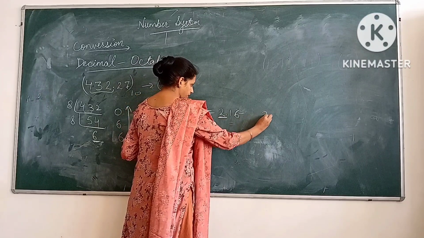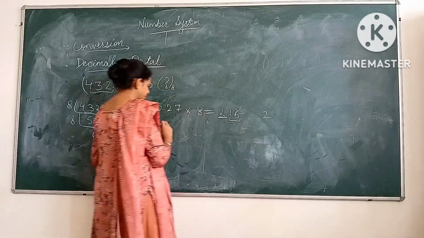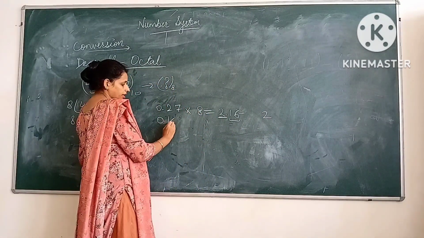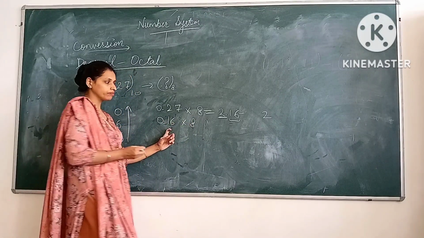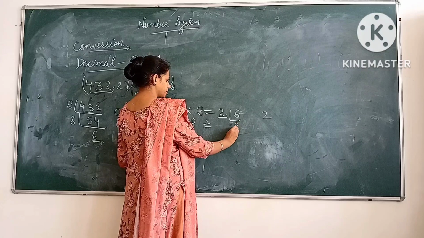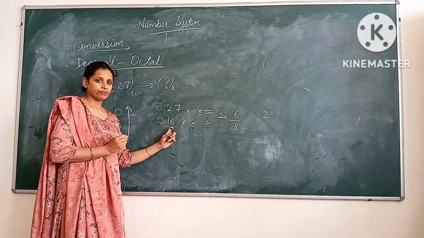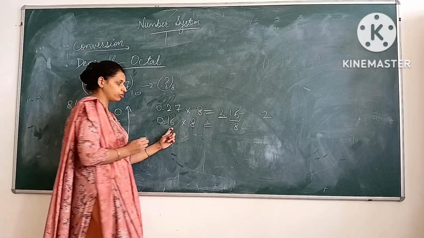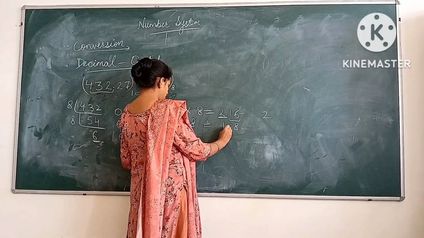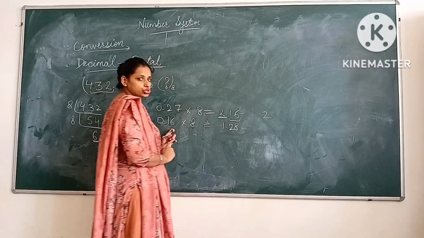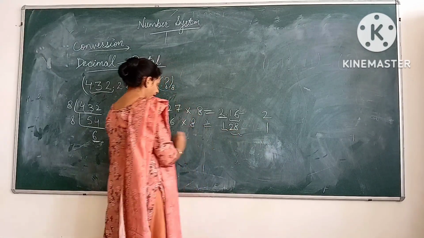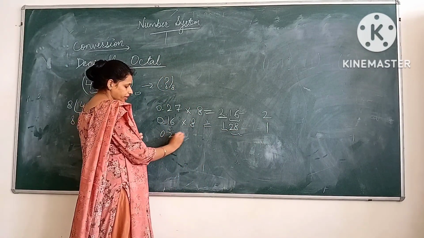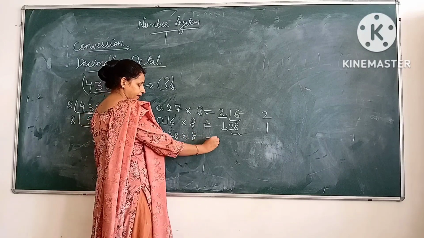So 2 is for the answer and then 0.16 again multiplied by 8. 8 6s are 48, 4 carry, 8 1s are 8 and 4, 12. 1.28. So 1 is for the answer and 0.28 again multiplied by 8.